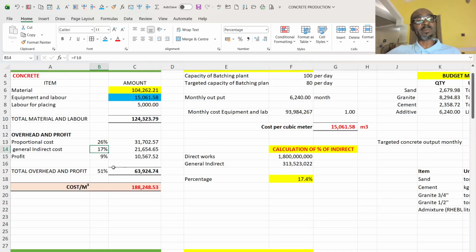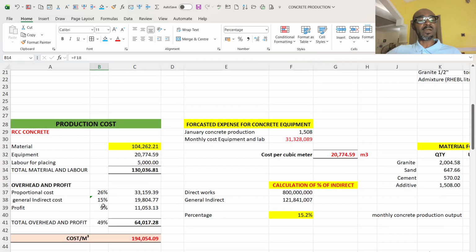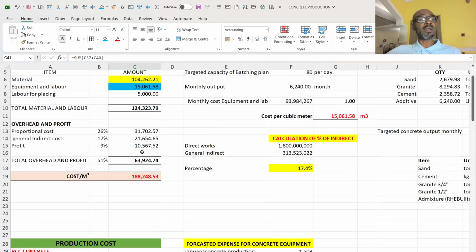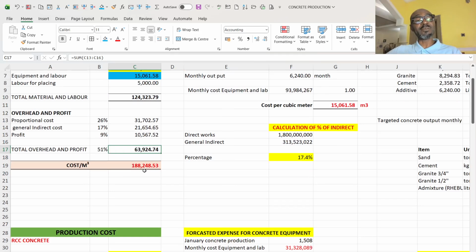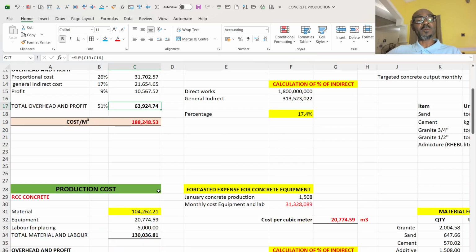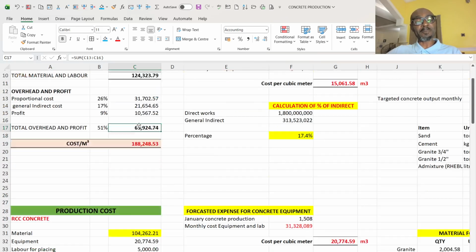My budgeted preliminary is 17% for general preliminaries, while here I'm doing 15%. So the total cost for my preliminaries for production is 64,000, while here it is 63,000. So if you total it, I am still good in my overhead and profits, but for material I am bad.